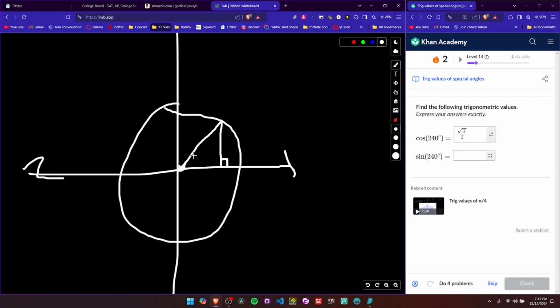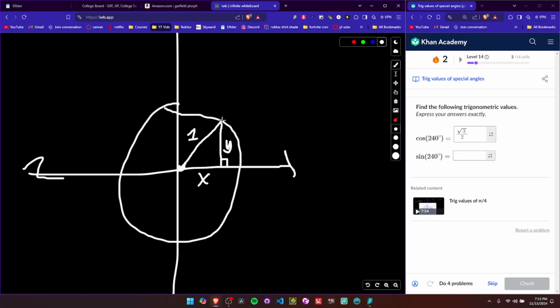We created a right triangle, and we know that the radius is 1, so we can call this side 1. Let's say this side length is x, and this side length is y. Let's just assign those lengths.